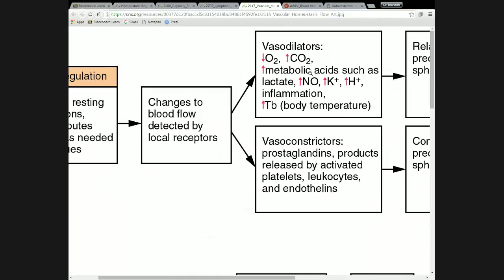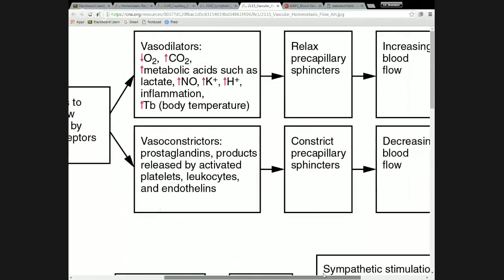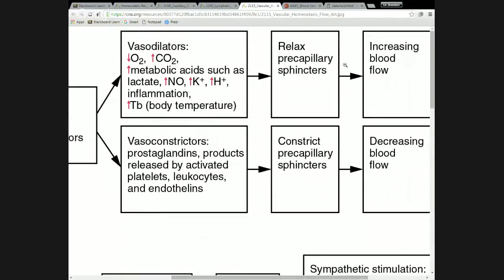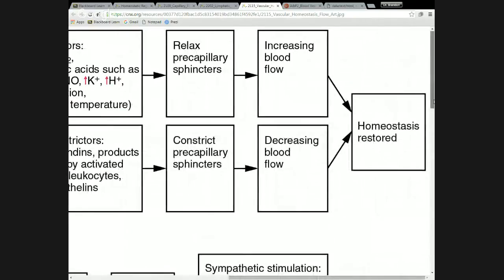If blood flow is too high, then blood vessels will constrict, restricting blood flow through that blood vessel. And it's just mentioning a few different things that play a role there. For capillary beds, that will play into controlling the capillary sphincters, increasing or decreasing blood flow through particular tissues, and hopefully getting us back to homeostasis.